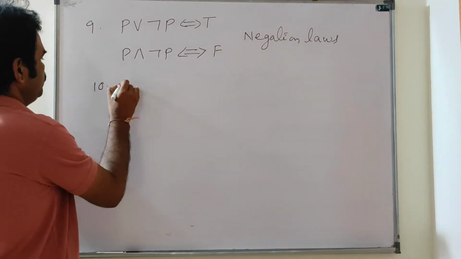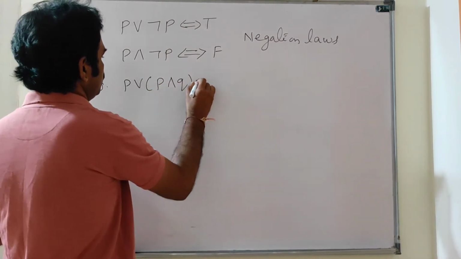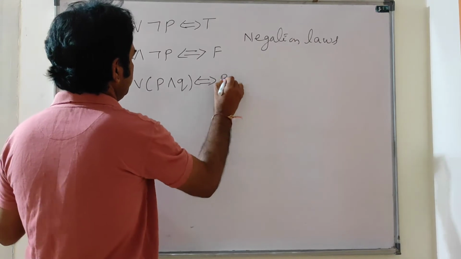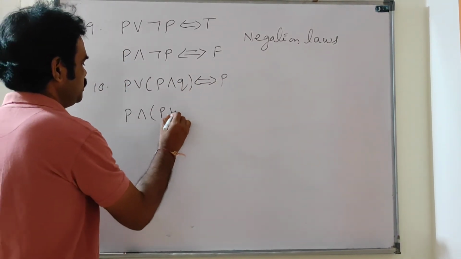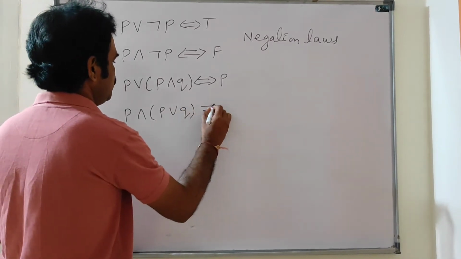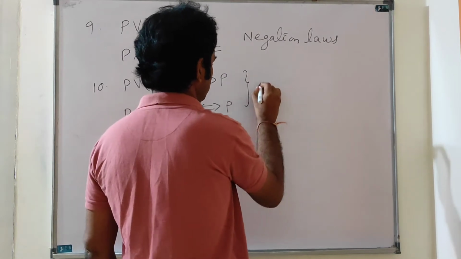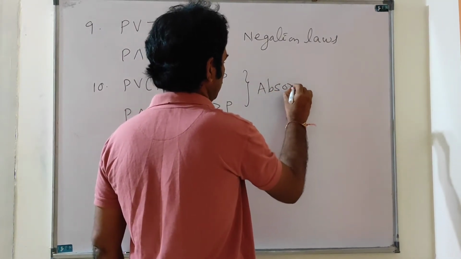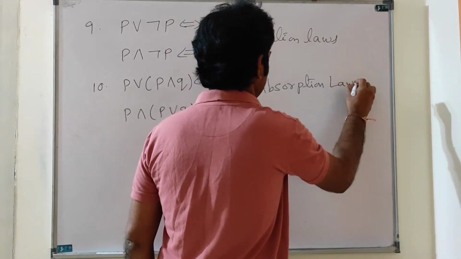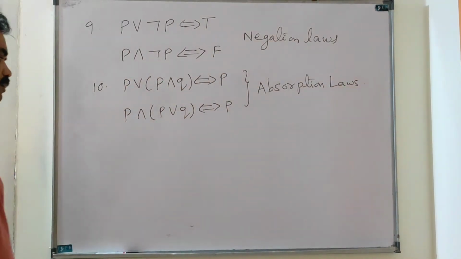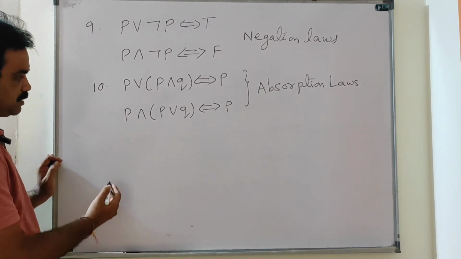Next, P or (P and Q) is logically equivalent to P. P and (P or Q) is logically equivalent to P. These are known as absorption laws. Good. And also there are some important logical equivalences on implication.